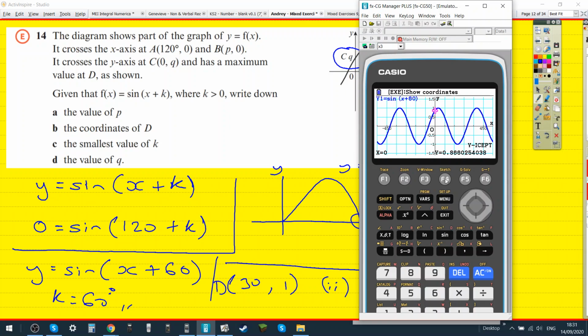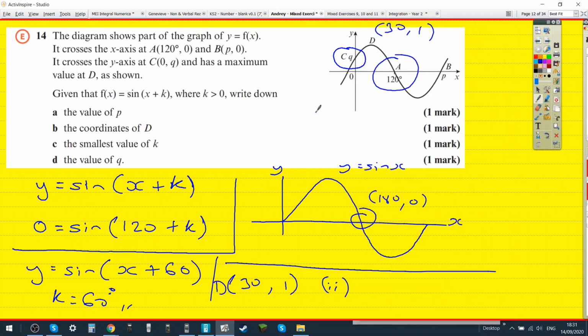They didn't ask for an exact value, so I think I'll be okay here, right? Yeah. I got 0.866. I don't understand the smallest value of k, to be honest. I thought k was a constant. Do they mean y?